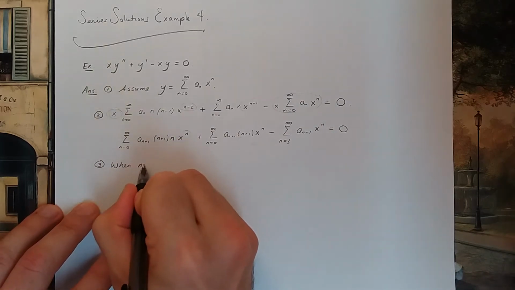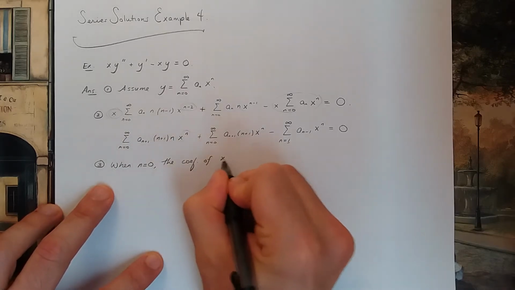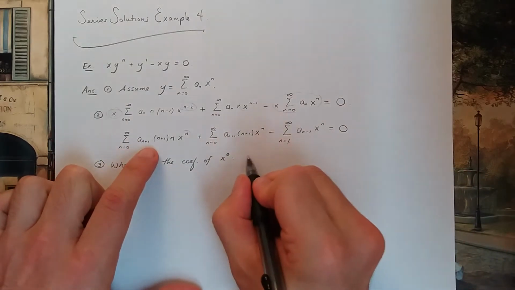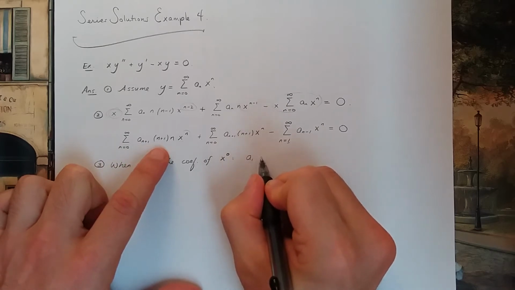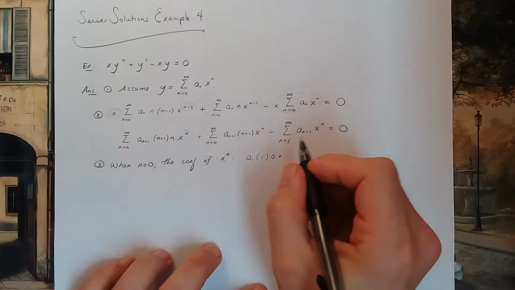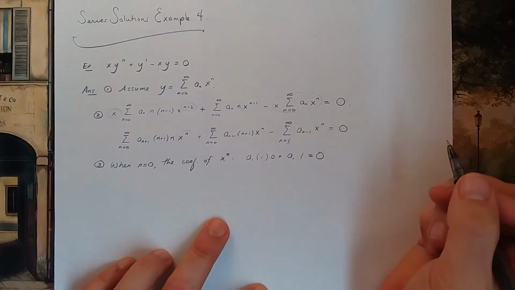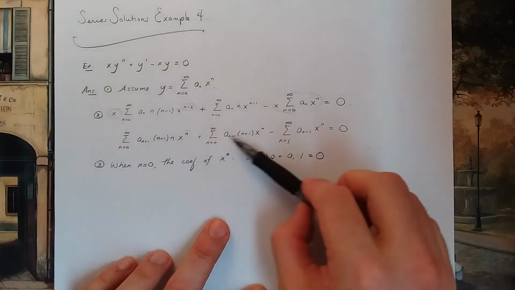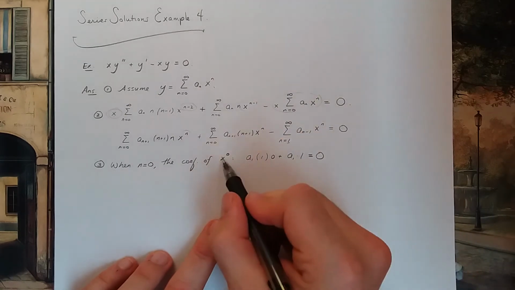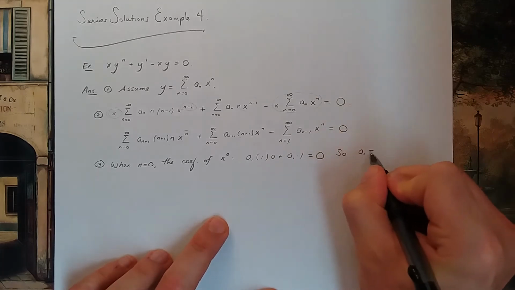When n is equal to 0, the coefficient of x to the 0 gives me a_1 times 1 times 0 plus a_1 times 1 should equal 0. Again, I looked at the coefficients in the first two sums. The third one hasn't kicked in yet when n is 0, because there is no coefficient of x to the 0 in the third term. So what I find is that a_1 is equal to 0.